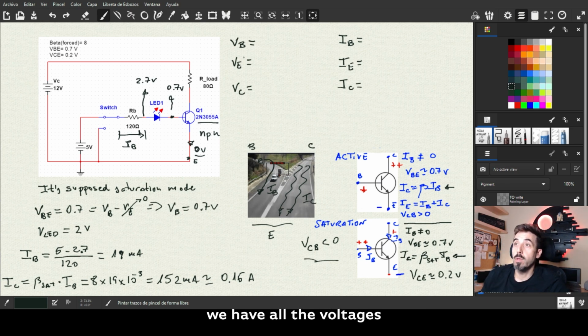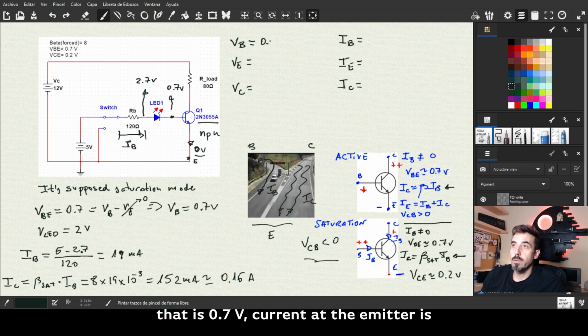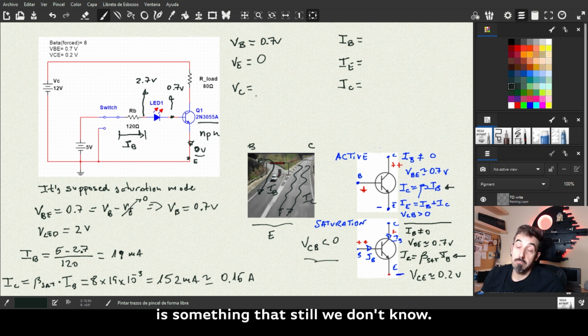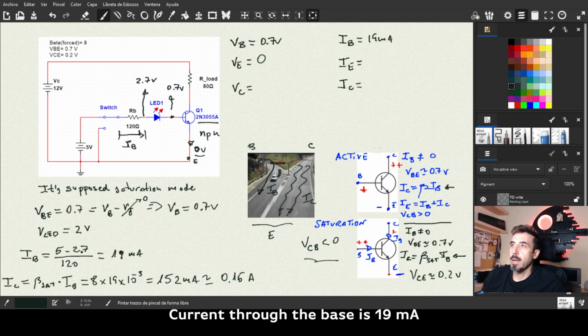At this point it's important to summarize what values we know. Here we have all the voltages through the terminals and currents also. Voltage at the base, we know that it is 0.7 volt. Voltage at the emitter is 0 volt, connected to ground. Voltage at the collector is something that we still don't know; we are going to find it later. Current through the base is 19 milliamps, which is more or less 0.02 amps.